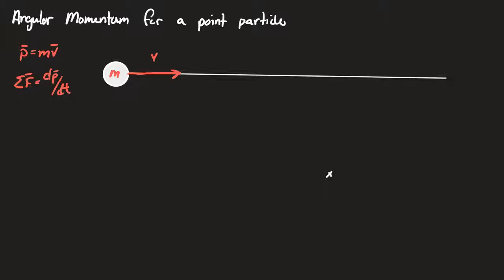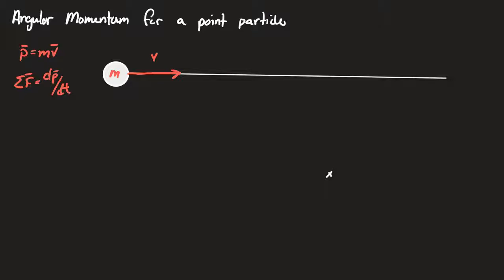Now, when it comes to dealing with the angular momentum of a point particle, the thing I try to indicate to you is that if you're standing here and you watch this object pass by, you'd have to rotate your line of sight in order to track this object as it passed you by. Does that make sense to you?